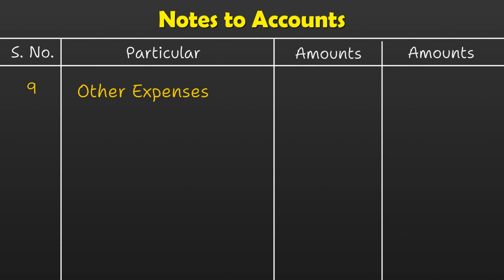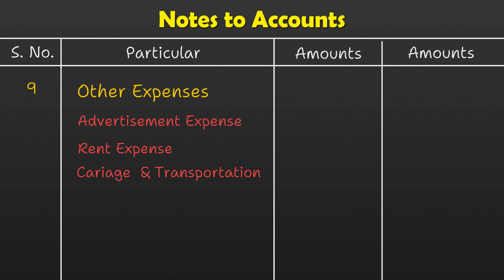Those are the advertisement expense, the rent expense, the carriage, transportation, cartage, fuel and power, conveyance. All the expenses which you can think of would appear under this head only, in your notes to accounts.